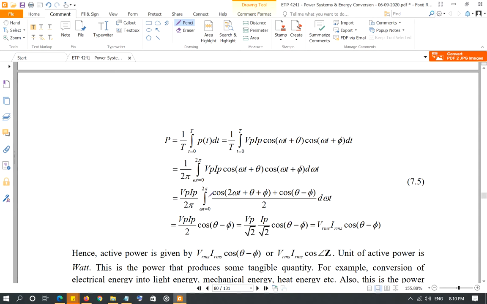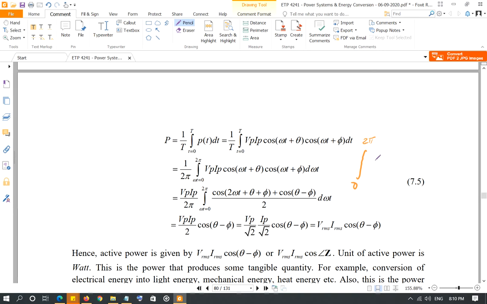And once you take the integral of that, you are going to get Vp Ip over 2 times cosine of theta minus phi, because this integral can be broken down into two pieces from 0 to 2 pi. And observe that from the time domain I moved into radians, the angle d omega t, because it's just easier to solve.